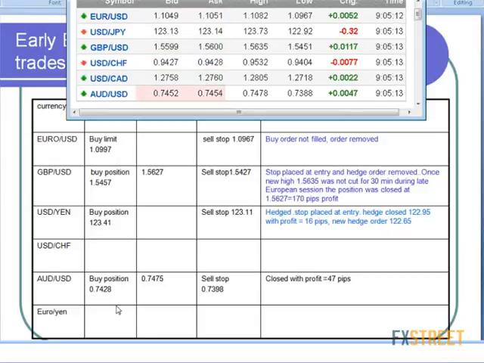Then in the case of Australian dollar, I took a buy at 74.28, and that was not hedged. In the late session, they made one quick upward move and then went up to 74.78, then not going above. So immediately I grabbed the profit at 74.75, and that was about 47 pips profit.